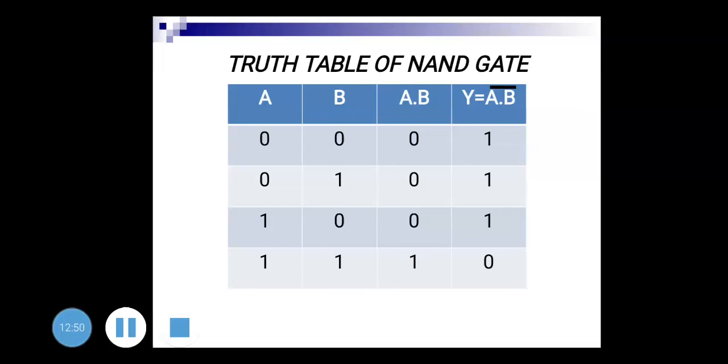The function of the NOT gate is whatever is coming as an input, it will complement it. That means it will replace it with its complement. So if 0 is coming, it will convert it to 1, and if 1 is coming, it will convert it to 0.